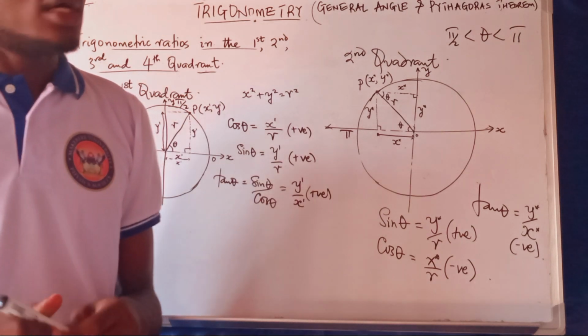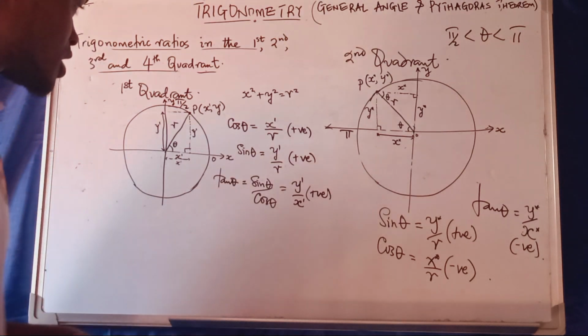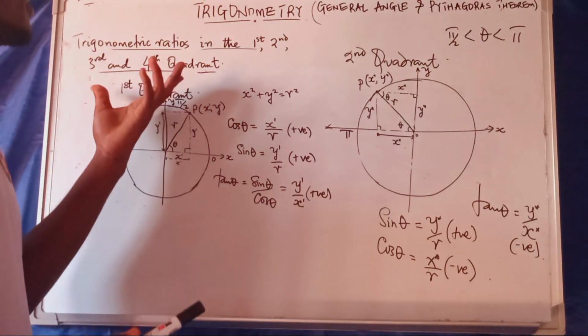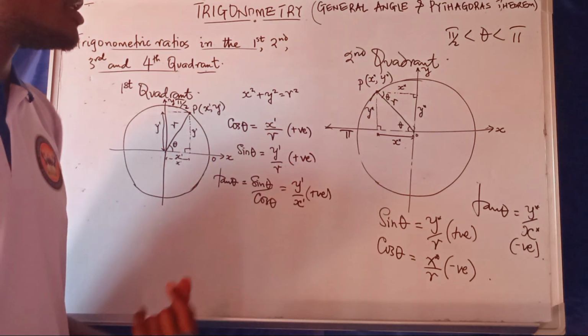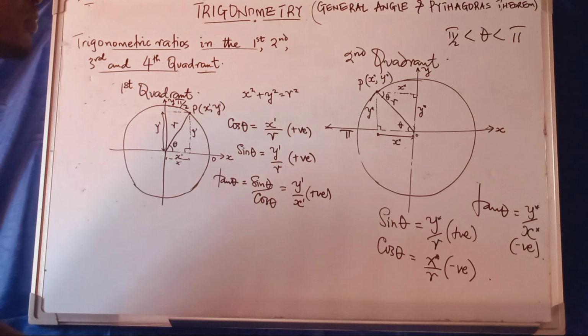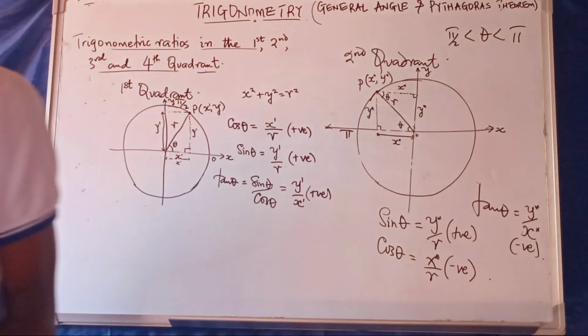So let us go ahead and see the behavior of these ratios in other quadrants, the third and the fourth and so on. Let us talk about the third quadrant and we'll see what happens.